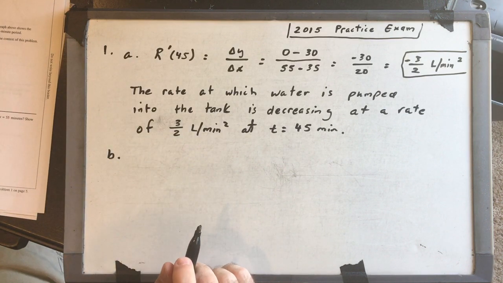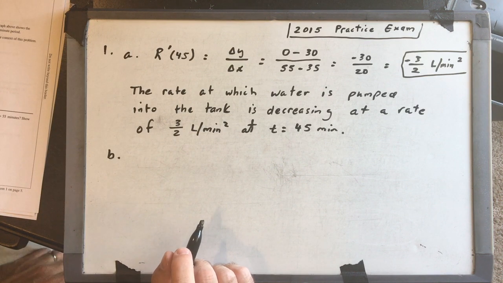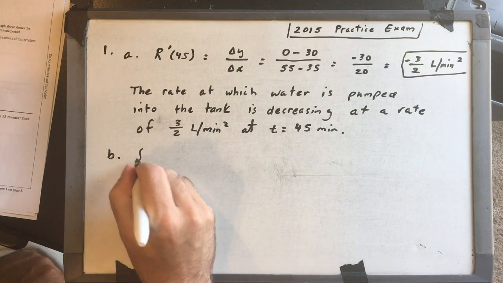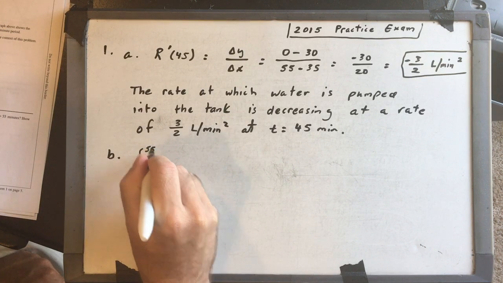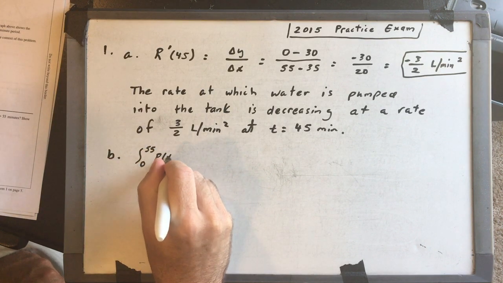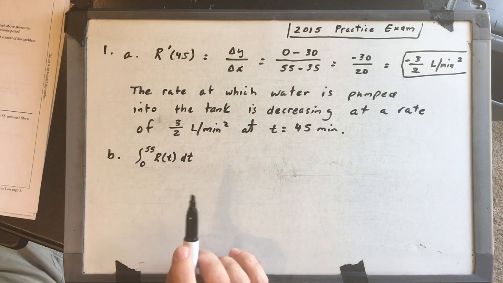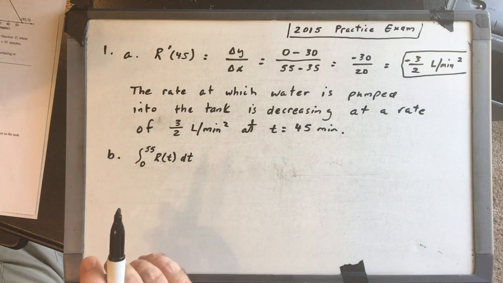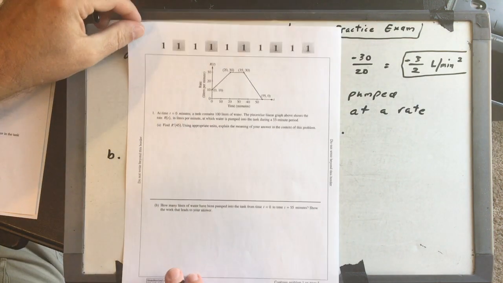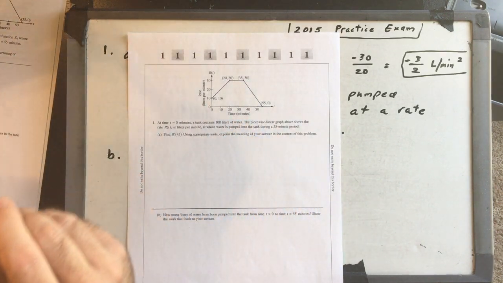So part B says how many liters of water has been pumped into the tank? Okay, so that's going to be from 0 to 55 of R of t dt. Okay, so if this were a function, I don't think you would see this on the 2020 test, but this is something we can figure out because it's just the area under that curve.